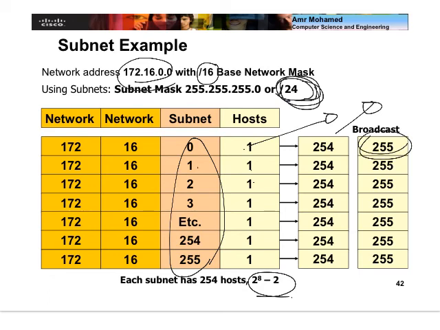Most of the exercises about chapter 6 will be in that category: just take a network, subnet it into different subnets, and then be able to deal with the subnet mask, the host ranges, and the subnetwork address, and so on.